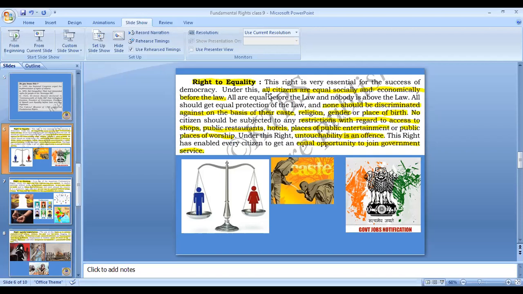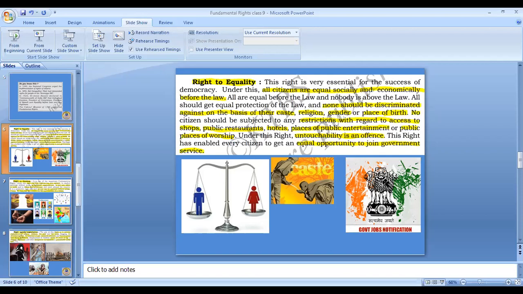This right has enabled every citizen to get an equal opportunity to join government service. According to the right to equality, every citizen born in India is equal and treated equally for jobs.